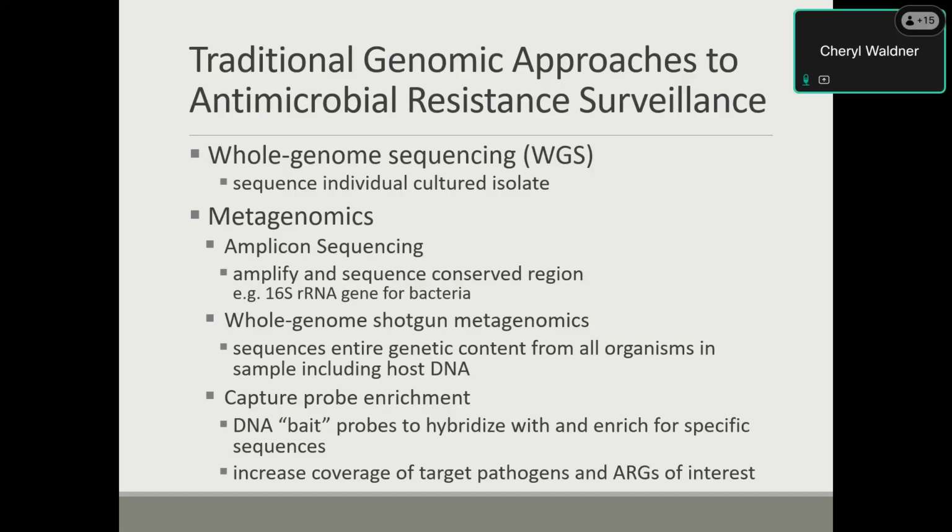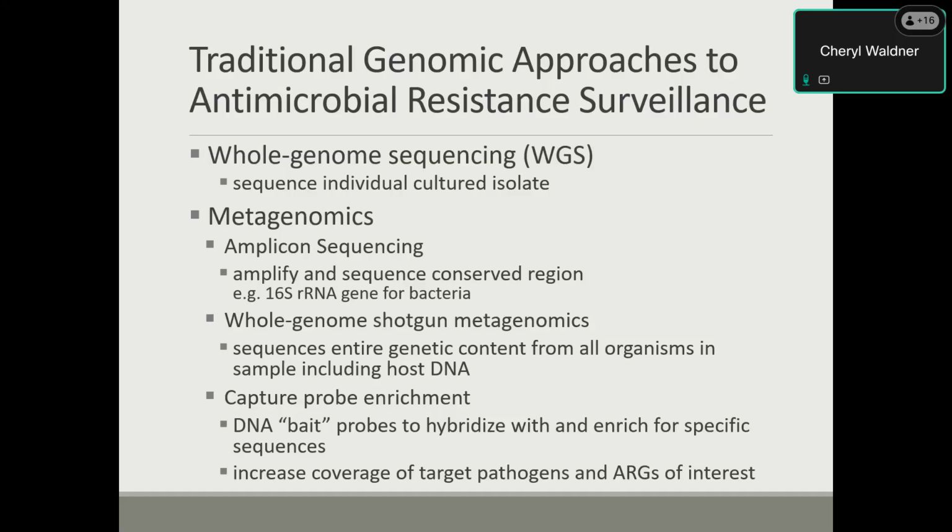The challenge with the whole genome shotgun approach is there is so much host DNA in many of the samples, especially the respiratory samples that I'm going to talk about here a little bit later, that it gets very, very, very hard to find the signal you're interested in, to find the bacteria you're interested in sometimes, and to find bacteria with enough replicates of that bacteria to get a good look at the antimicrobial resistance genes.